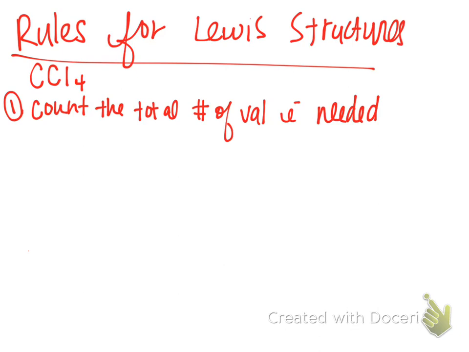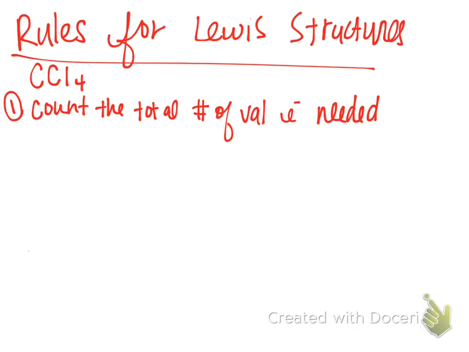Carbon gives us how many? 4. And each chlorine gives us 7. So 7 times 4 for chlorine is 28, plus 4 more is how many? 32, right? So if we use the example CCl4, this structure would need to have 32 electrons represented somewhere in that Lewis structure. Does that make sense?